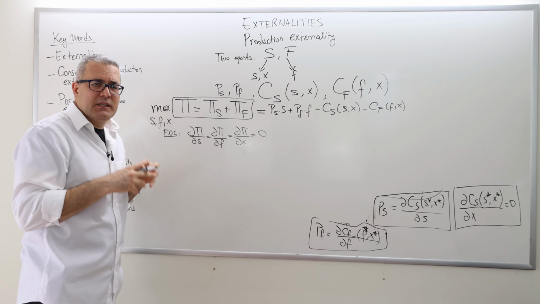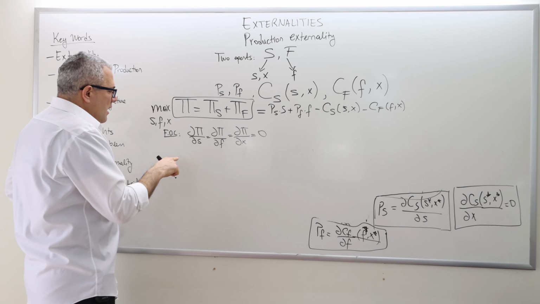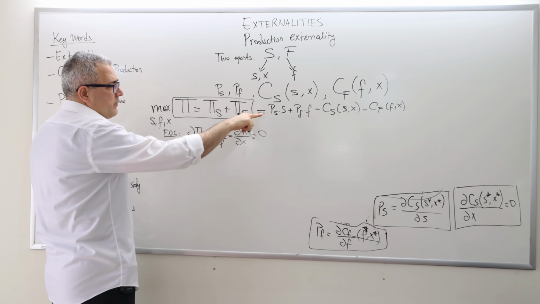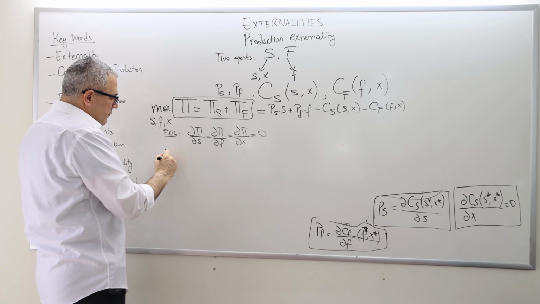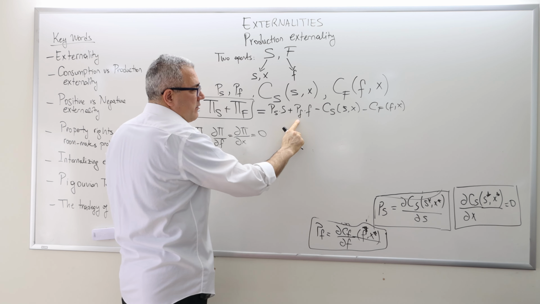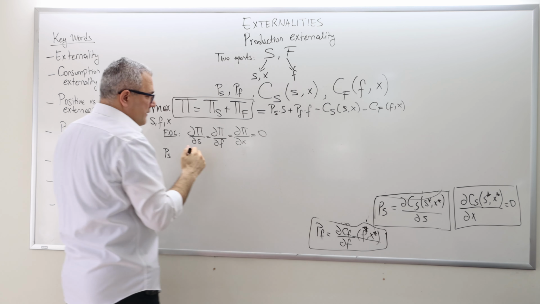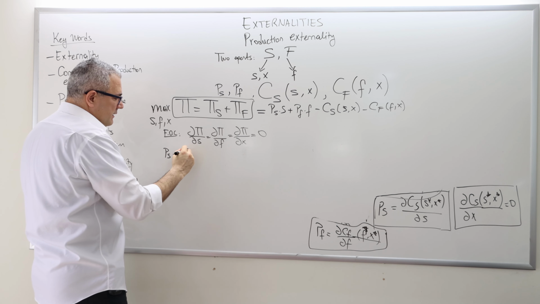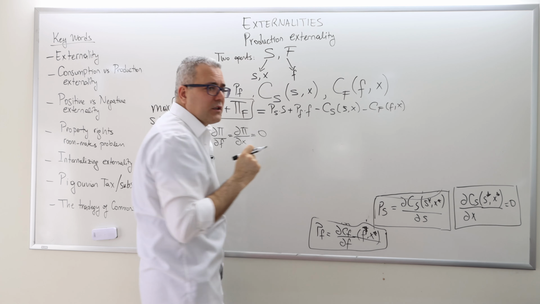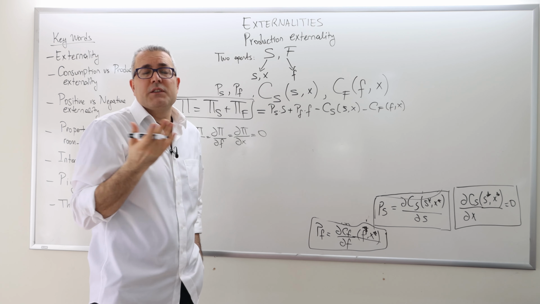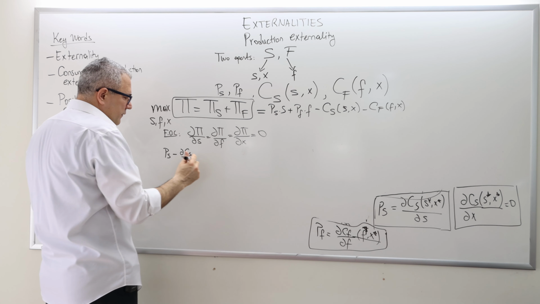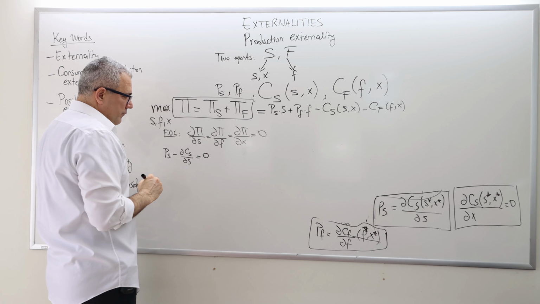Now I'm maximizing the joint profit. So once again, what is the derivative with respect to S? Well, it's going to be the price of steel. The derivative with respect to S is minus del CS del S. So the fishery's cost function doesn't depend on the steel because the fishery doesn't use or produce steel. All right? So therefore, this is equal to 0.